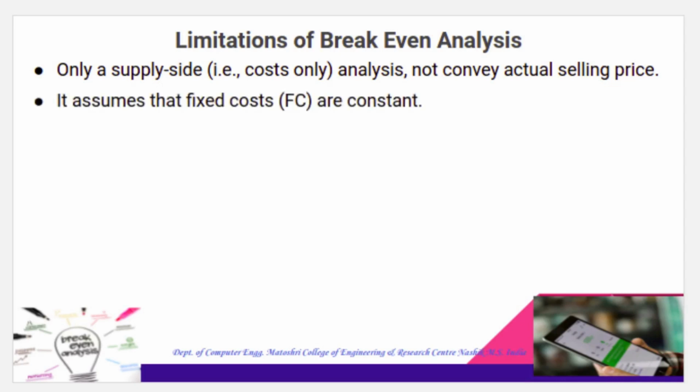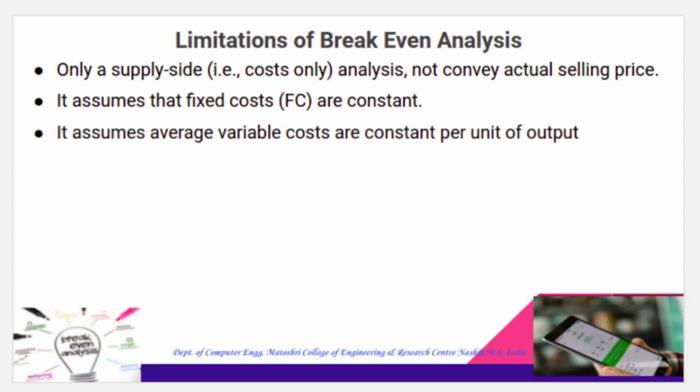It assumes that fixed costs are constant, although this is true only in the short run. An increase in the scale of production is likely to cause fixed costs to rise. It is also an unrealistic assumption that products are sold at the same price at different levels of output. Fixed costs do vary when output changes.